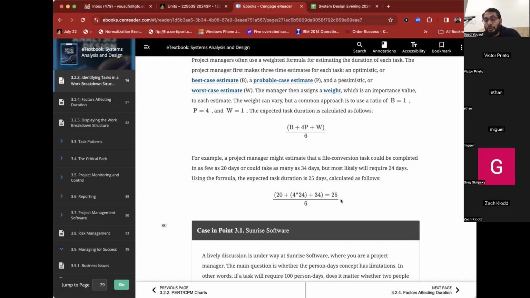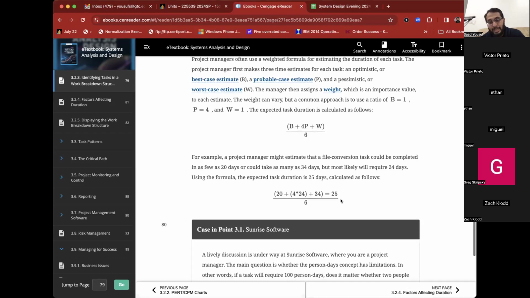Right? 5 times 4 will be 20. So how many weeks? 5. 5 weeks, right? Exactly. So you always have to remember that whenever we come up with the days, we are talking about person days, business days, not the weekdays, or not the actual days on the calendar.